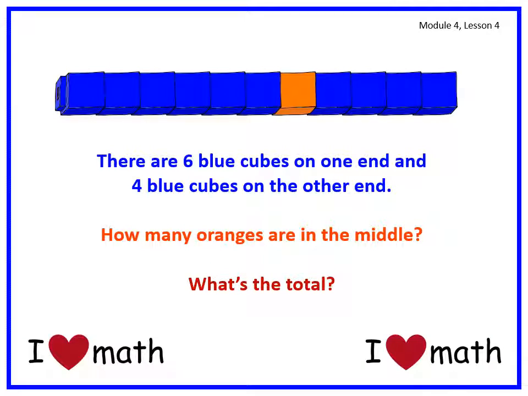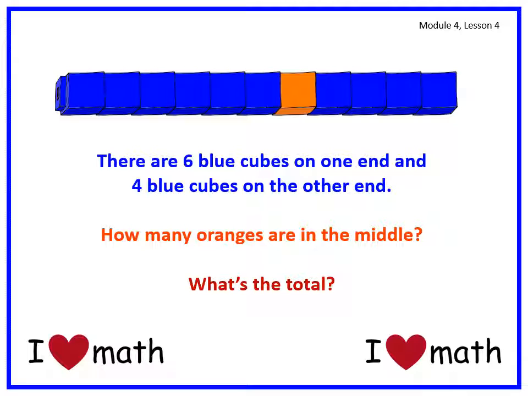Perfect. All right, so there are 6 blue cubes on one end and 4 blue cubes on the other end. And then I have 1 orange cube in the middle. So the total number of cubes is 11. So let's make 2 different addition sentences and join the 1 orange with the 4 blue.